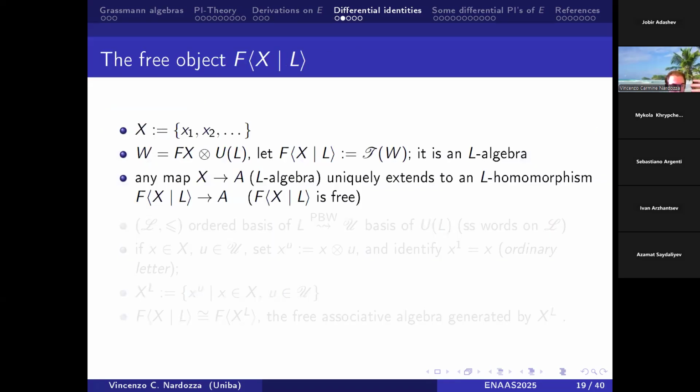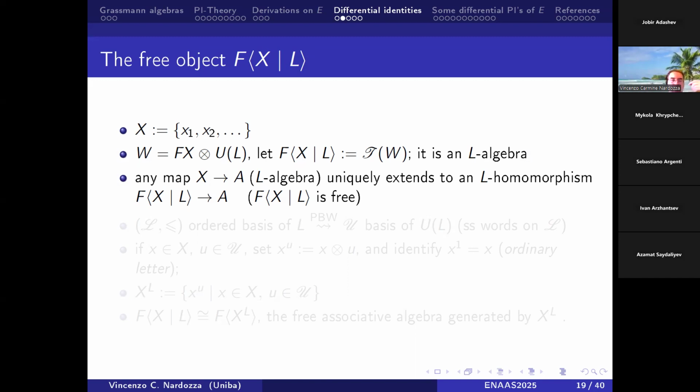This means that we get an algebra on which the Lie algebra acts by derivation, which is what a differential polynomial identity is about, so a differential polynomial. We have to define a free object of differential polynomials. This construction is also extremely simple and basis free.